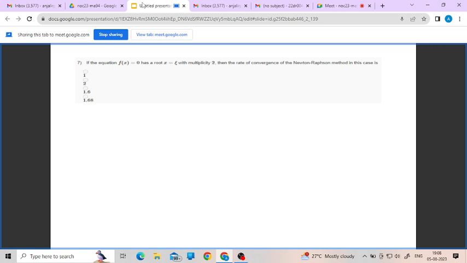Multiplicity 2 implies that f(xi) will be 0 as xi is a root, and f'(xi) will also be 0, right? Now substitute in this Newton-Raphson method: xk = xi + epsilon k, and x(k+1) = xi + epsilon (k+1).